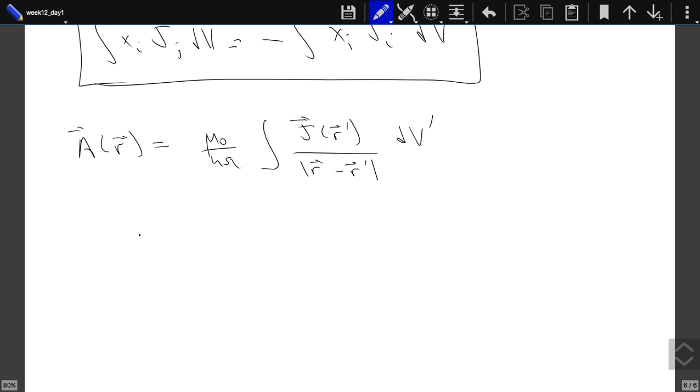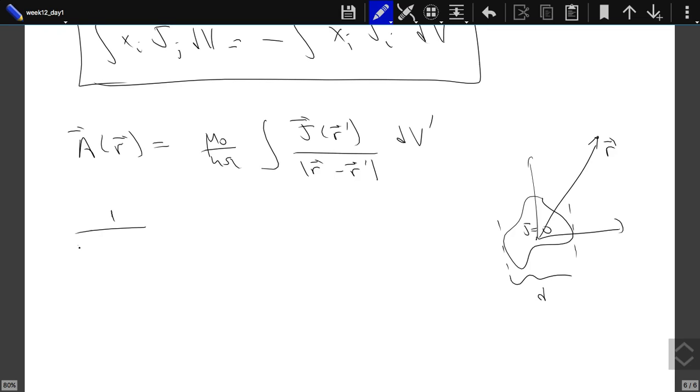The multipole expansion was, we have a local region where the j is non-zero. This is my origin. I am looking at the vector potential at this point r. Let's say the size of this region is of the order of d. So this tells me that in 1 over |r minus r'|, r is very large, r' is very small compared to r.